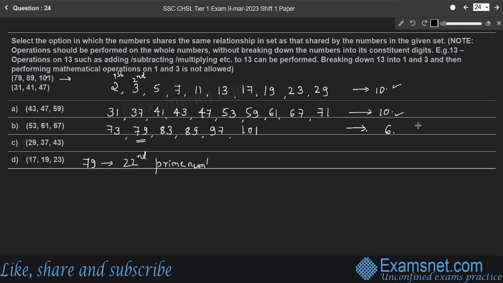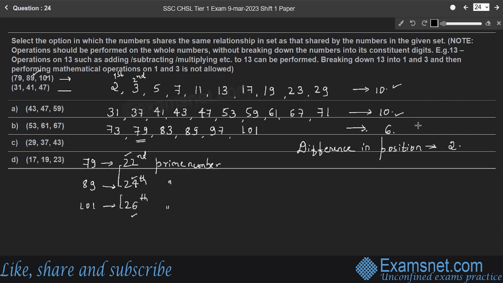Whereas 89 is the 24th prime number. Whereas 101 is the 26th prime number. Look at their positions: 22nd, 24th and 26th. The difference in their consecutive positions is 2 here.